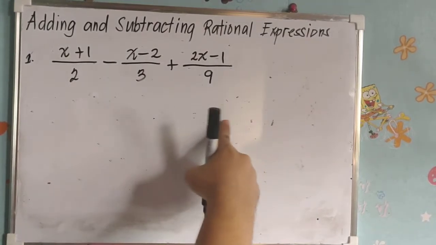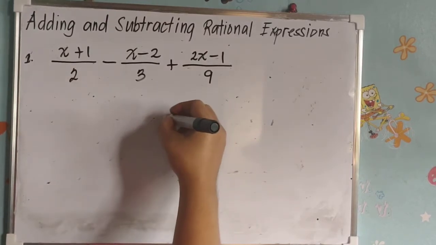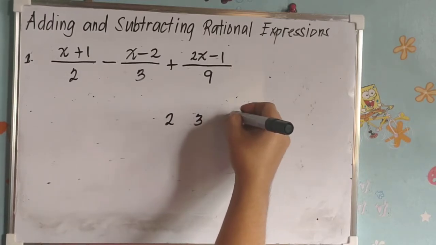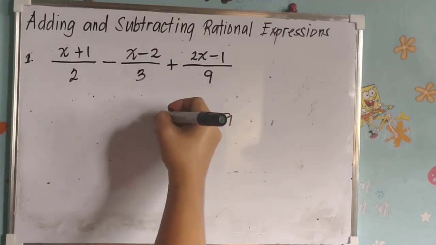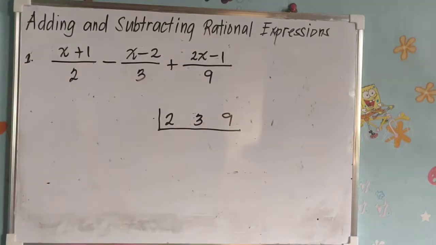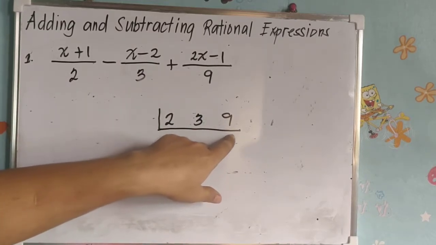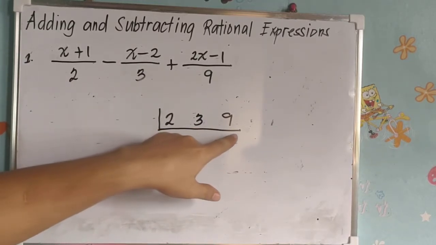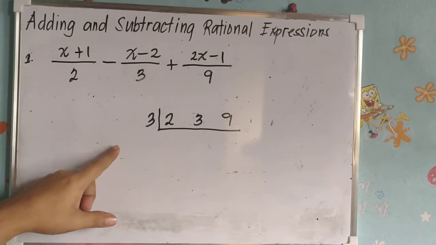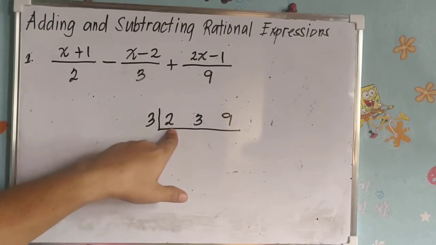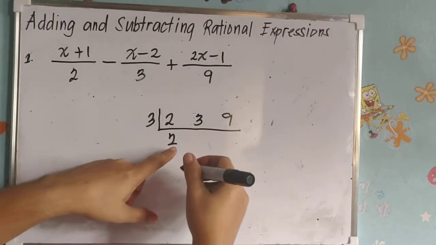And we can use the method I've taught you earlier in our previous video by continuously dividing the numbers by their common prime factors. So we have 2, 3, and 9. 2 is already prime, but 3 and 9 are both divisible by prime number 3. Since 2 cannot be divided by 3, just copy 2.